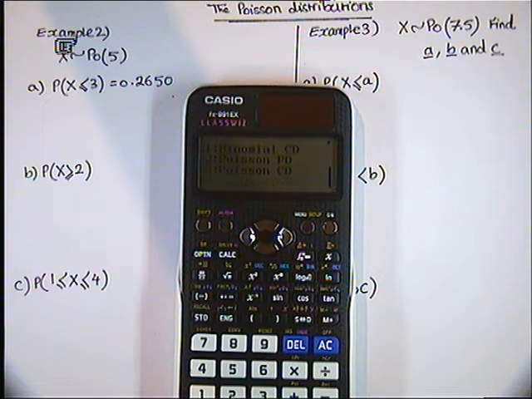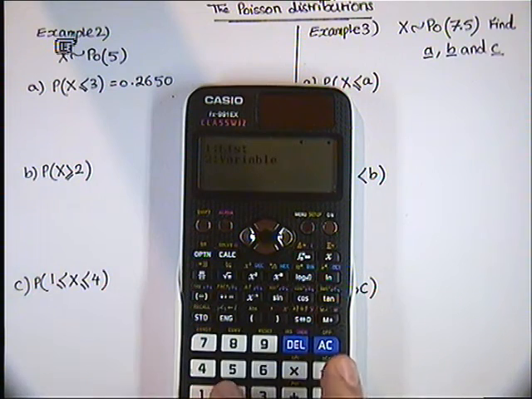PD is just for a specific value, if it was X equal to, for example, 2 or X equal to 3. CD is for cumulative distribution. It means when X is less than or equal to 3, it calculates all the way up to 3: X equal to 0, 1, 2, and 3, adds them up and gives you the final value.